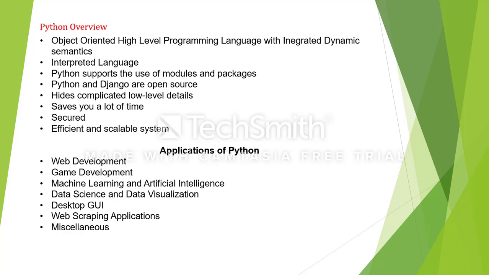It can be used in so many different types of applications where other languages are not supported. As you can see in the list, it's used in almost all types of applications. So if you learn Python, you can try your hand at different types of applications. This is one of the reasons why it is heavily used in the market.